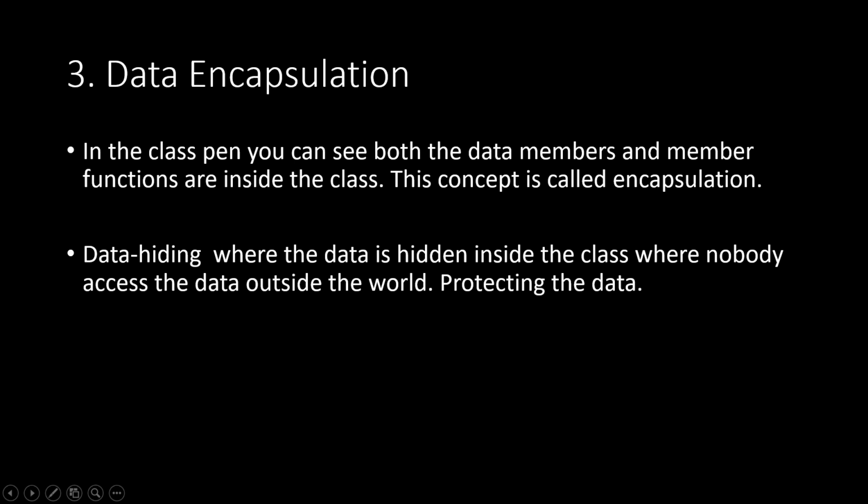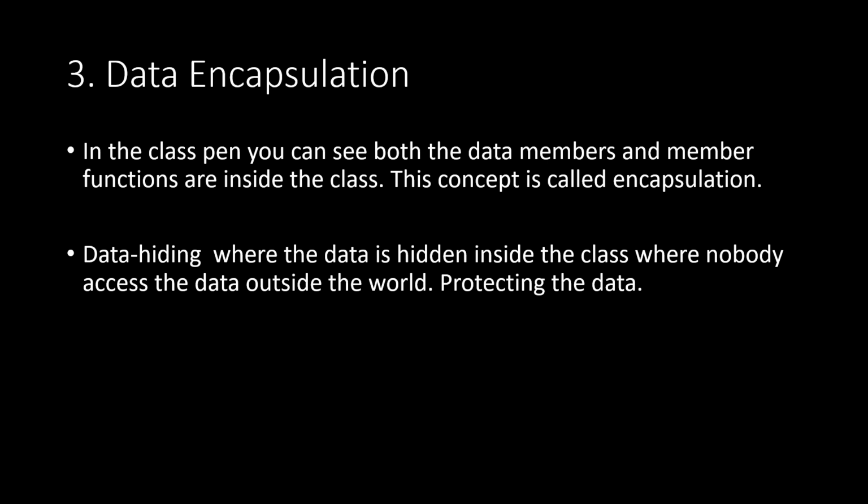Another concept we can see here is data hiding. Data is hidden inside the class. The data members we have defined can be hidden by using the scope of a variable. If you declare it private, then that data will be hidden. If you make it public, it will be available to the real world object.